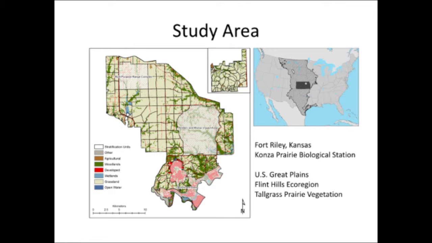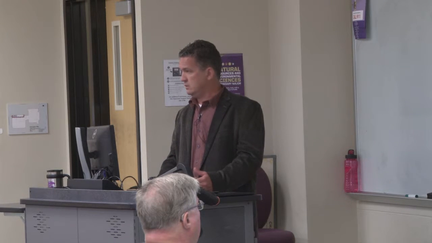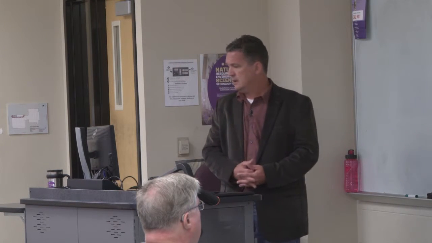And also, while we were doing that, slowly over time, build up some baseline data where we could document what was normal for Fort Riley. Because no one could answer that question for us in terms of what are grasslands typically like at Fort Riley. I don't know. Right? It's hard to make management decisions if you don't know what's typical.